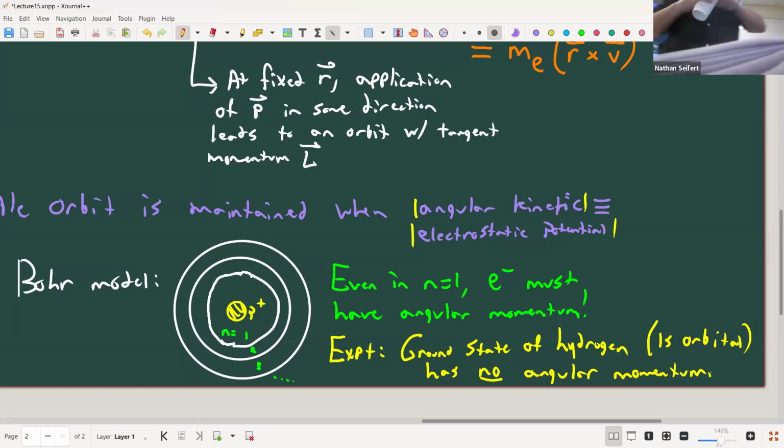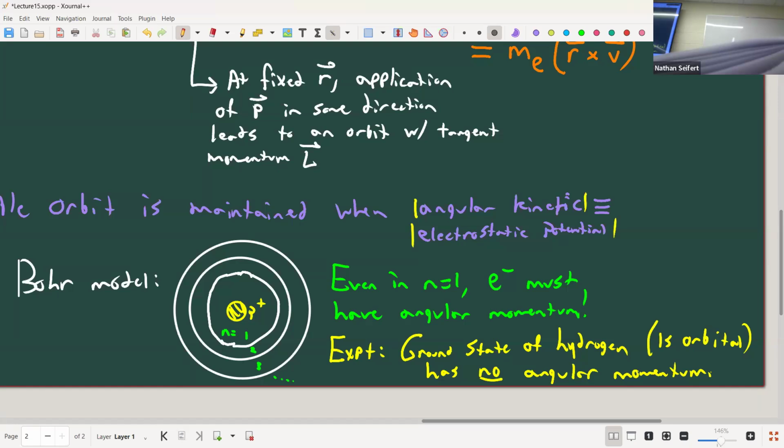So obviously quantum mechanics is providing something special that we're not quite appreciating just yet. But it turns out that this argument is perfectly reasonable. There's nothing invalid about the argument we just made. There's something special about plugging all of these ideas into quantum mechanics that gives us stable states with no angular momentum.